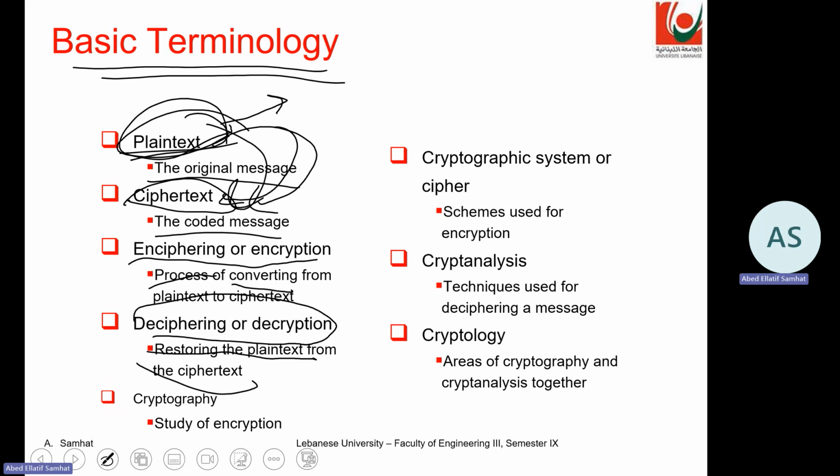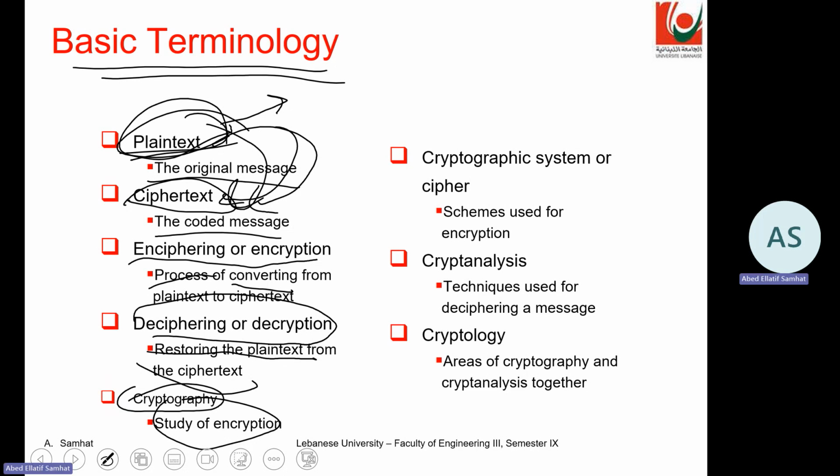Typically, as a basic terminology, if you want to know what's cryptography, the science or the domain of cryptography, it's the study of encryption. Okay. And here in this course, we will see together different encryption algorithms. So we will study those algorithms. That's why it's cryptography.